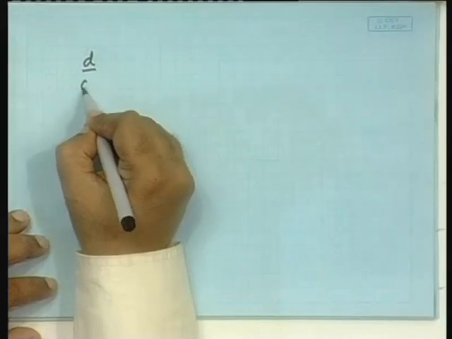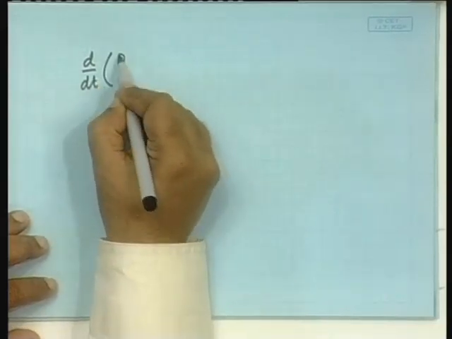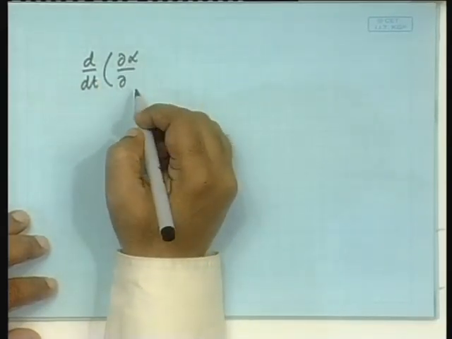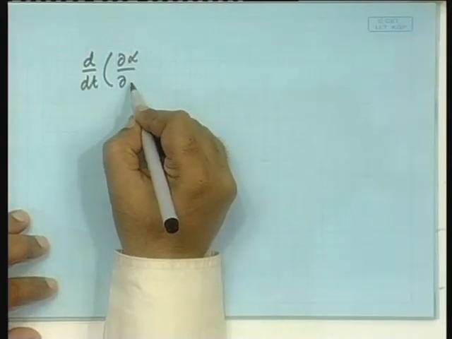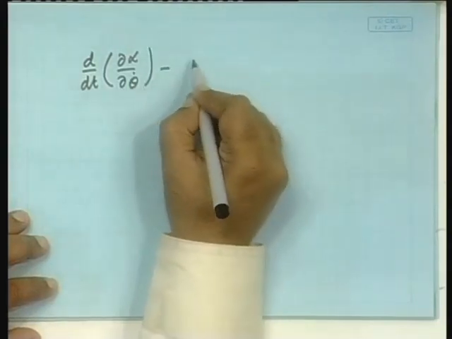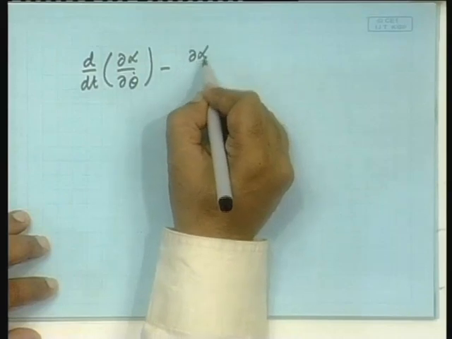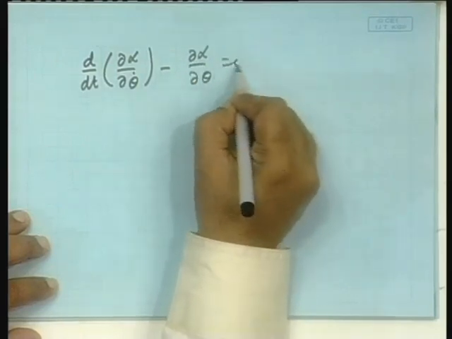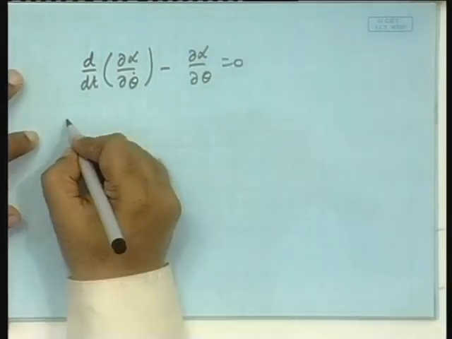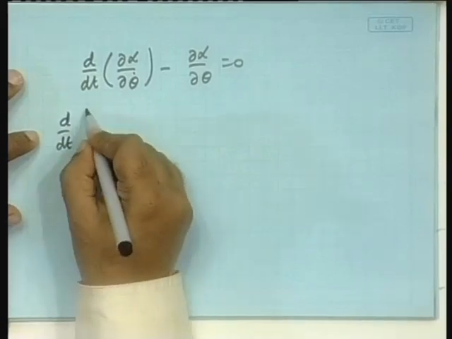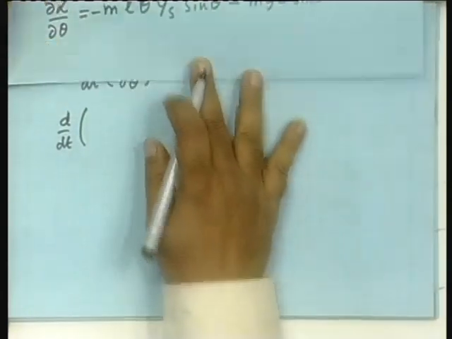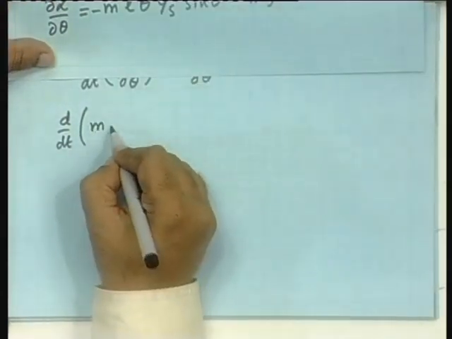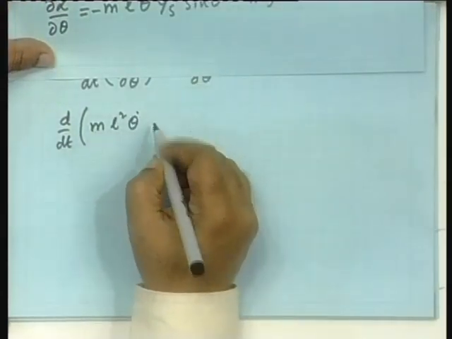Now, we have to write down the d/dt. Let me explicitly write it. Okay. So you have to say d/dt of this term, m L squared theta dot.